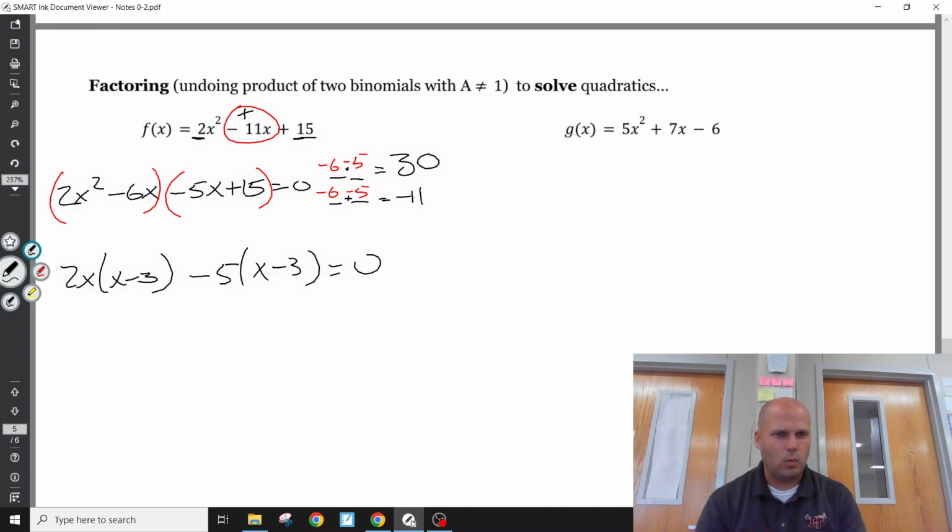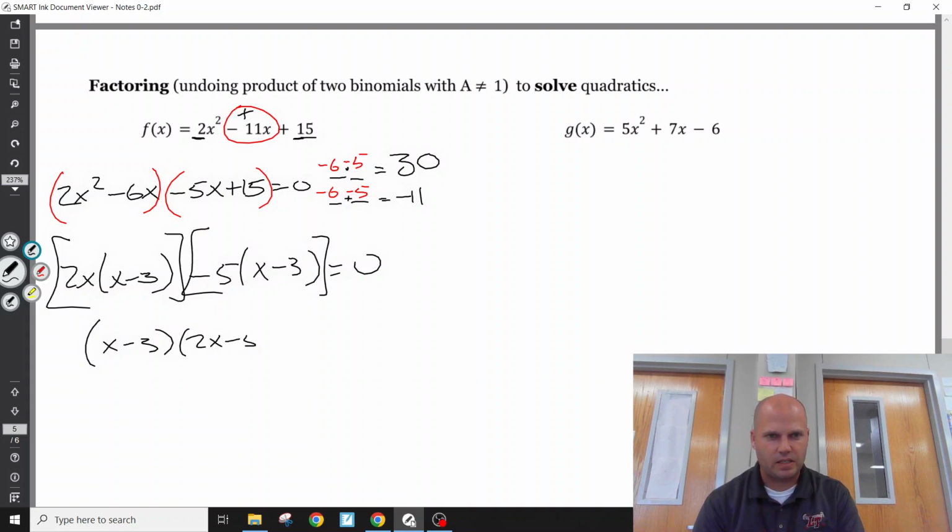And then what we end up seeing is that after factoring out the x minus 3 from both of these 2 terms, you get x minus 3 times 2x minus 5. And that's my solution. That's my factored form, my undistributed form. That's great. That's one way to do it.